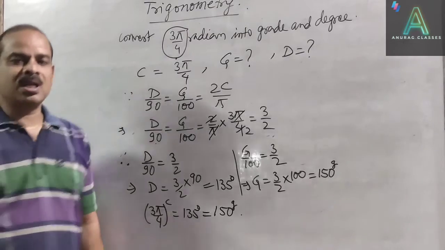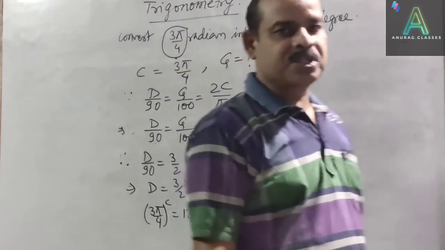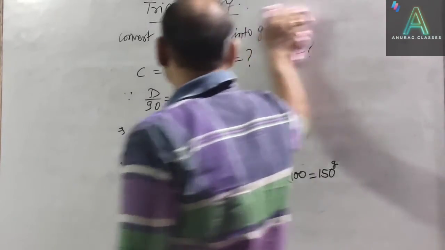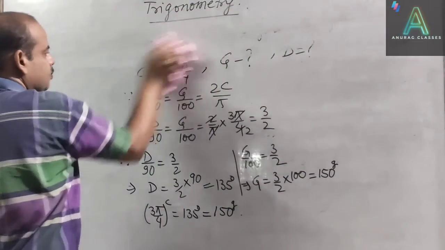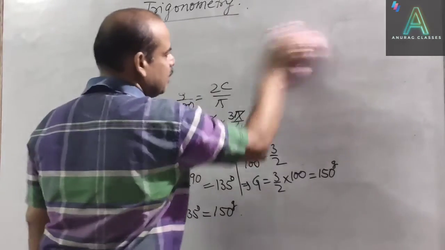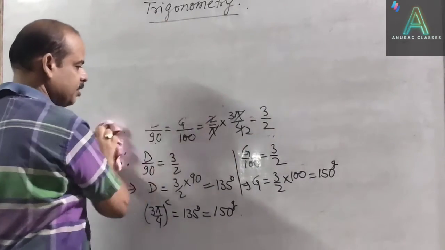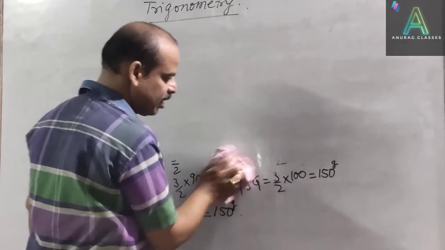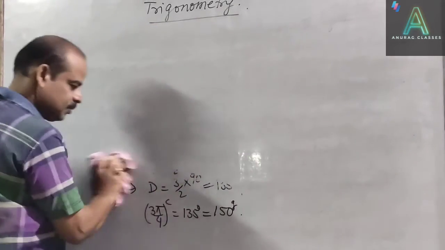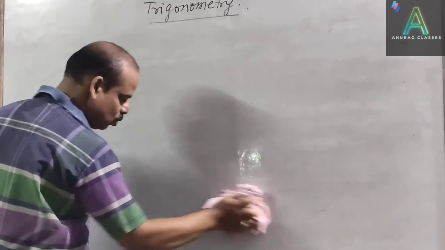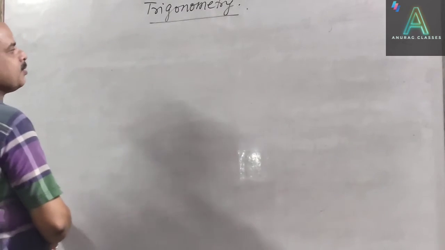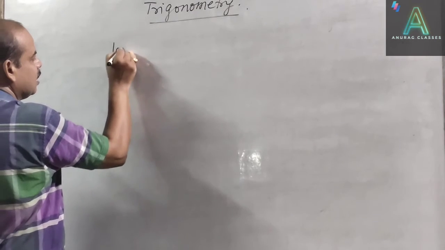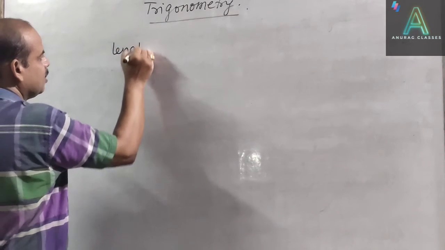Let us come to the last formula of this chapter, that is measurement of an angle. Students, in class 10, you have learned the formula for length of an arc. I think you all can remember it. If not, I am giving you the idea.